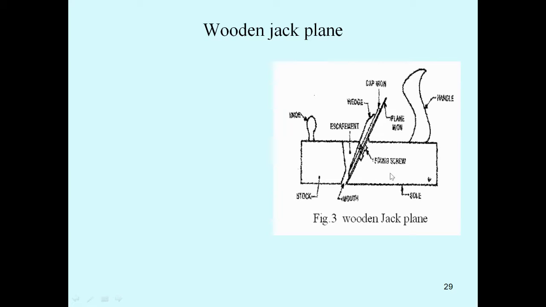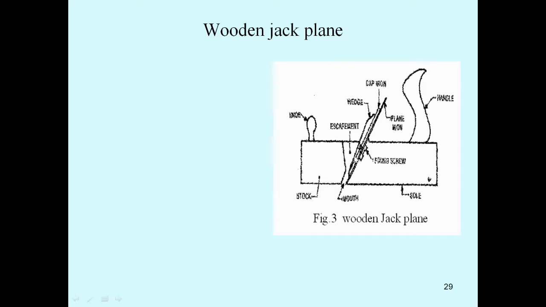Then this part is called the body or stock. Here this will be the knob, which is located in the front of the plane. And this will be the handle, fixed at the back of the plane for holding purposes.